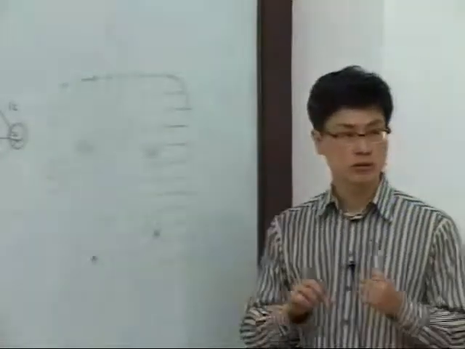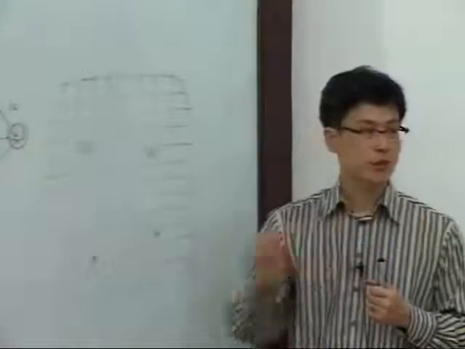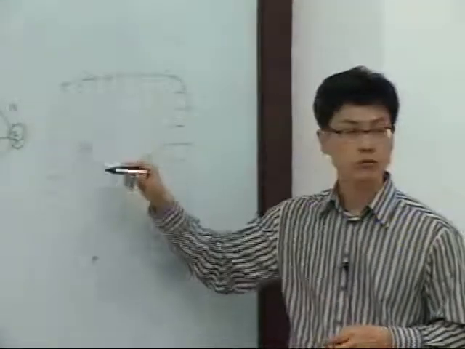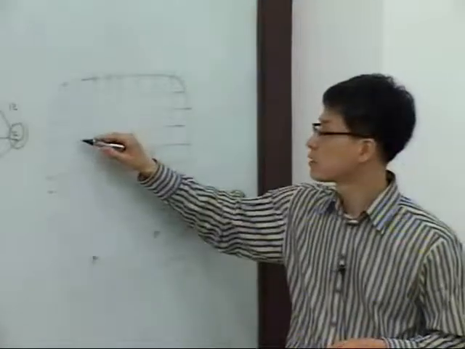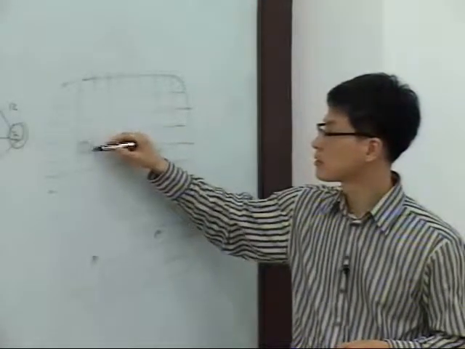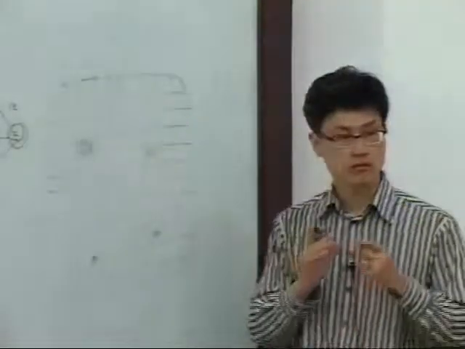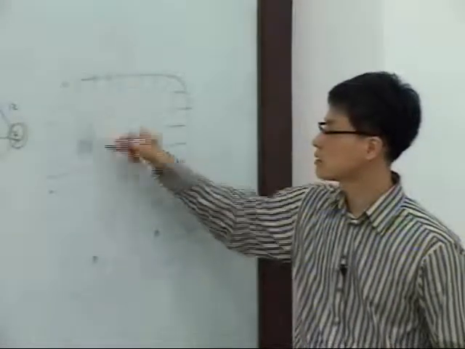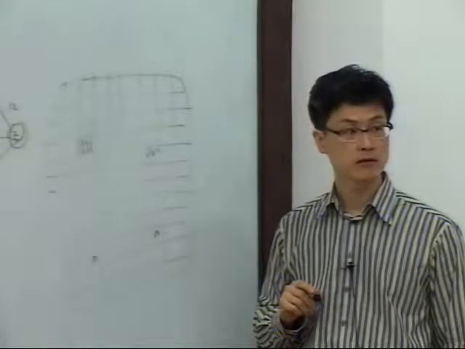So it can grow north, south, east, west, right? Not one by one. Once it grows, not at the same time. It grows to north, now it becomes here.